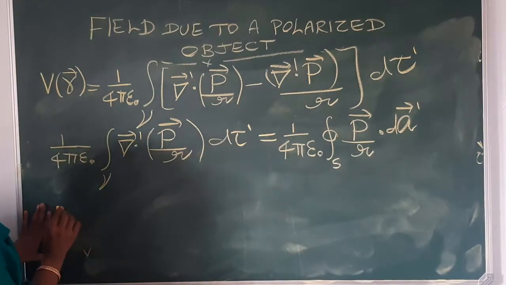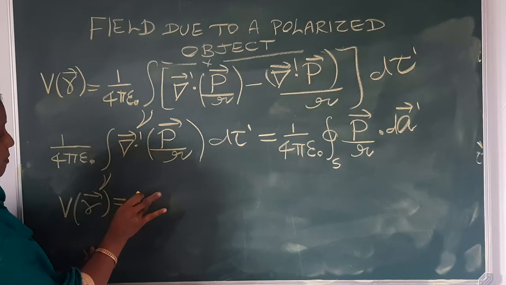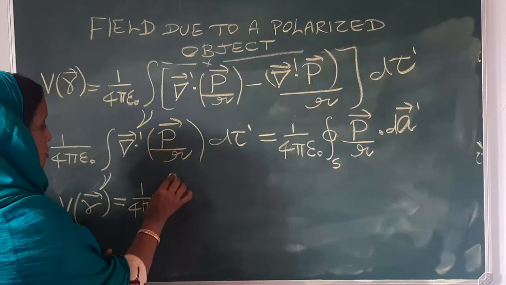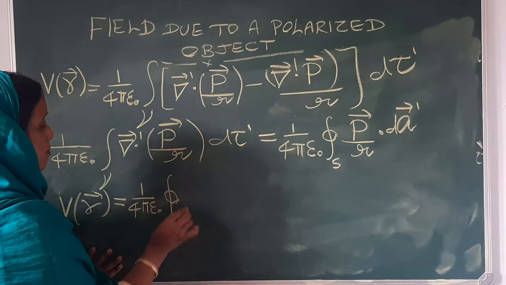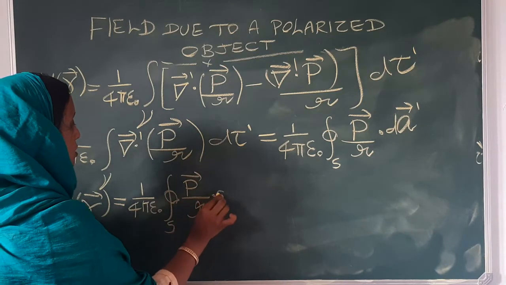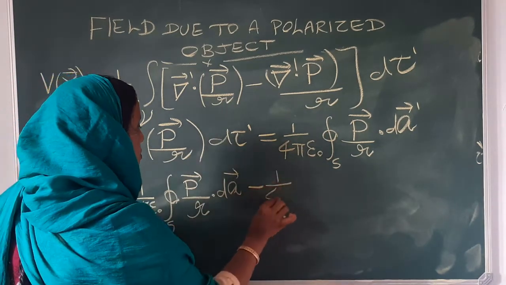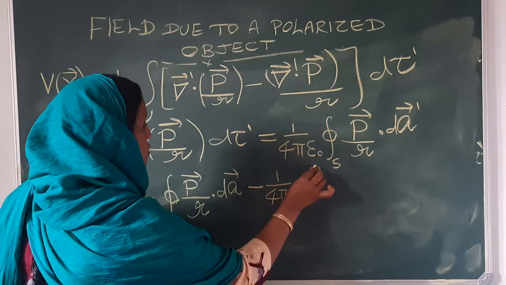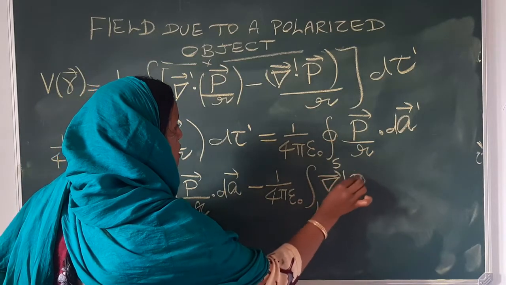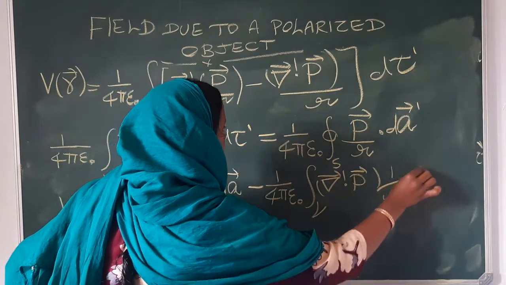Now the potential can be written as 1 by 4 pi epsilon 0 closed surface integral polarization by separation vector dot dA minus 1 by 4 pi epsilon 0 volume integral of divergence of polarization by separation vector d tau prime.